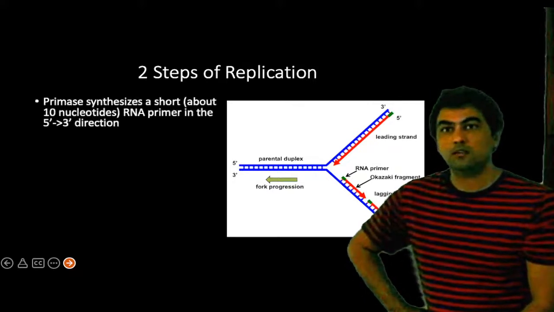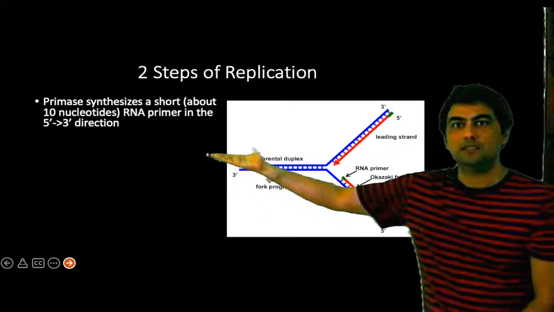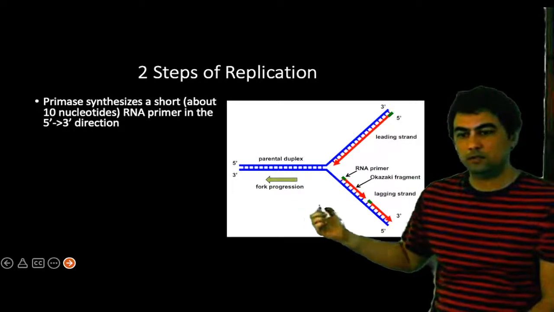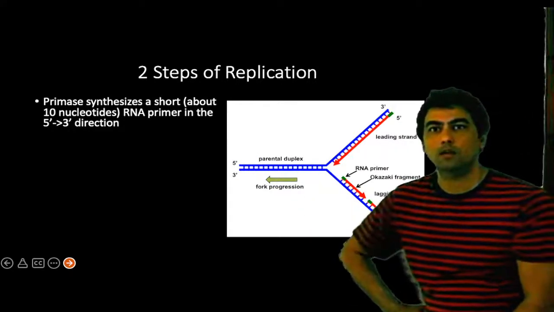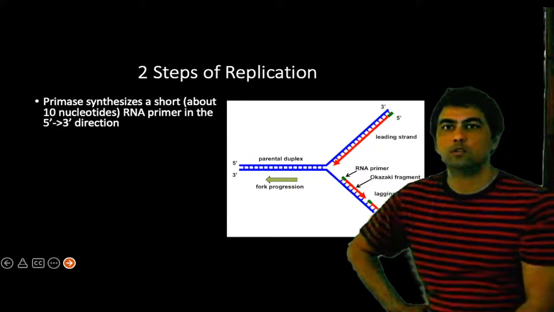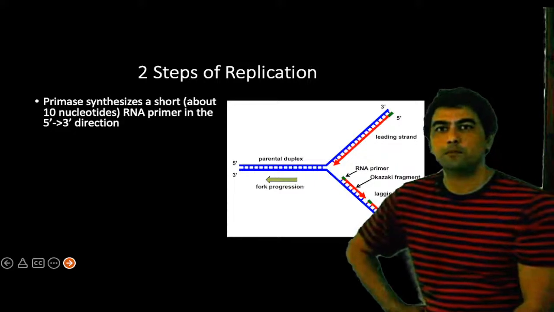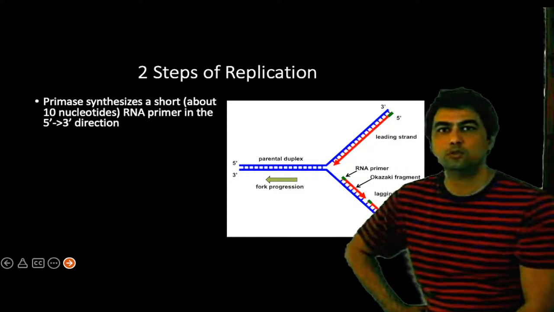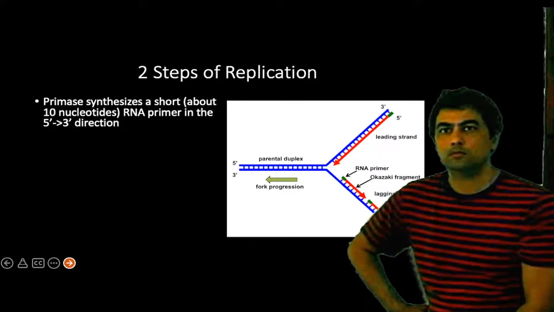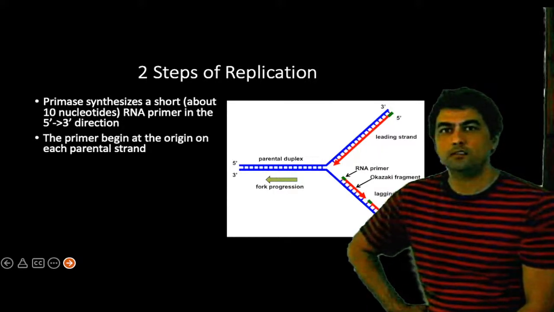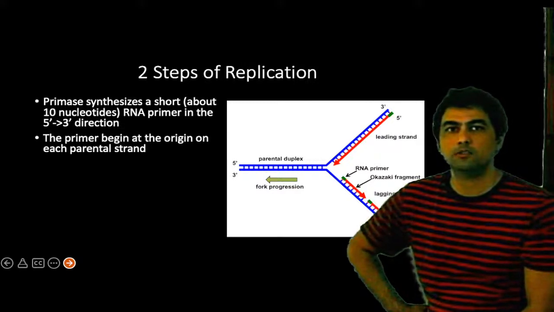In the second step, the primase synthesizes a short RNA, about 10 nucleotides, which is called the RNA primer, in the 5' to 3' direction. The primer begins at the origin of each parental strand.